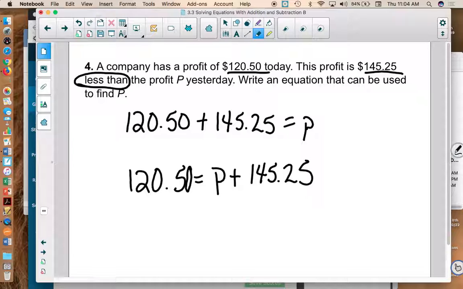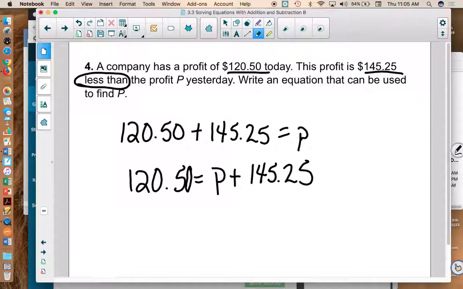Take rid of the plus, add a minus. I agree. If this was a subtraction right there, I would agree with that statement.